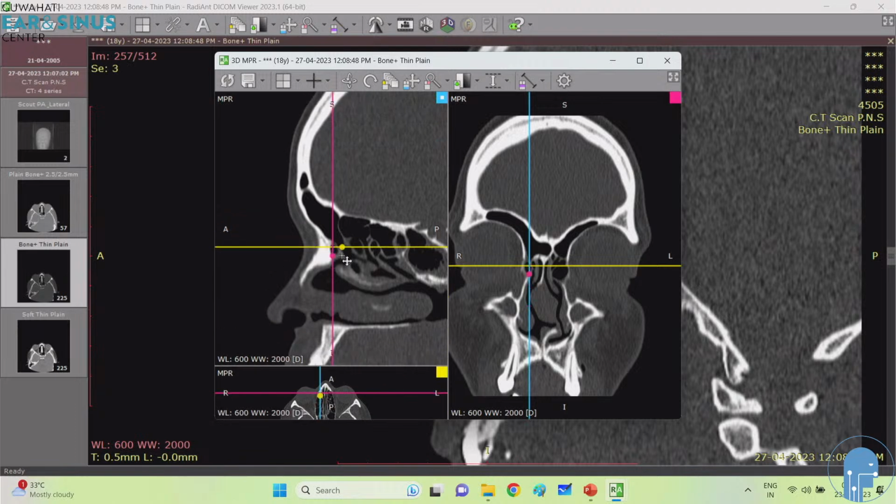This is the agar nasal cell. During endoscopic sinus surgery, it is attached to the anterior wall of the frontal recess.